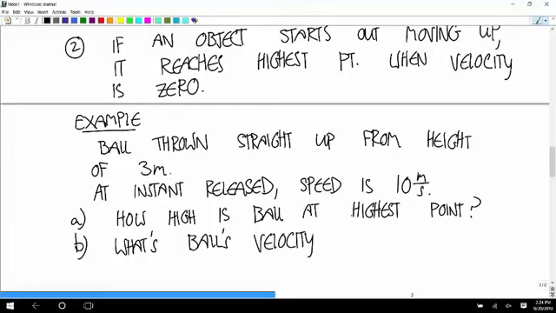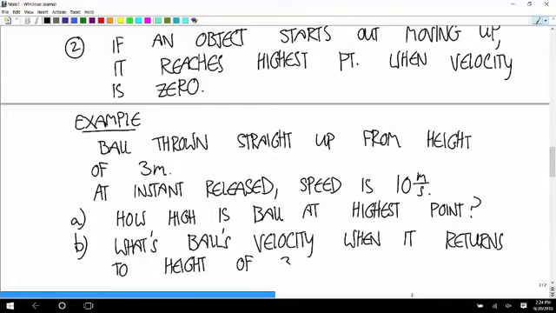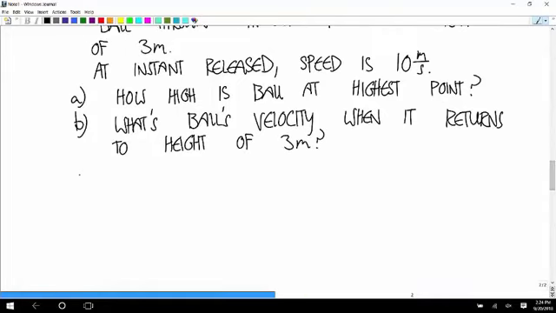It's going to come back down, and on its way back down to the ground, it's going to pass that height that it started at. Okay, so what's the ball's velocity? It returns to a height of 3 meters. And then third, let's calculate what's the ball's velocity before it hits the ground.